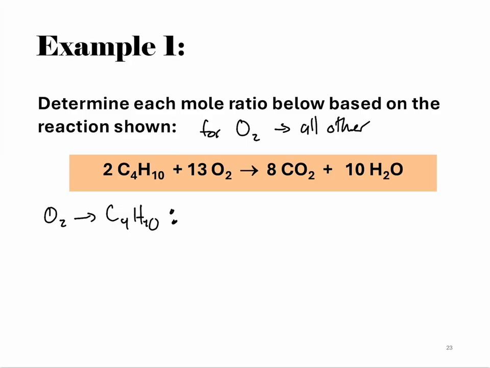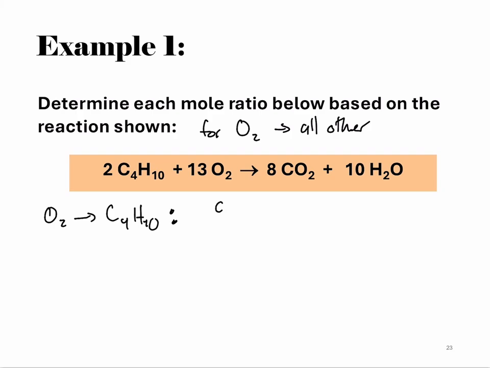We're going to butane, C4H10. So moles of butane should be in the numerator or the denominator? In the numerator, right? And how many moles of butane do we need per moles of oxygen here? What are the numbers going to be for this?